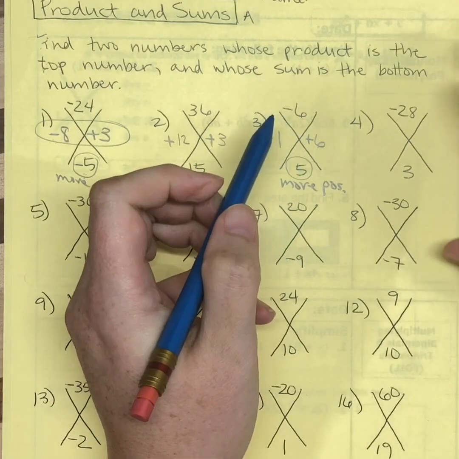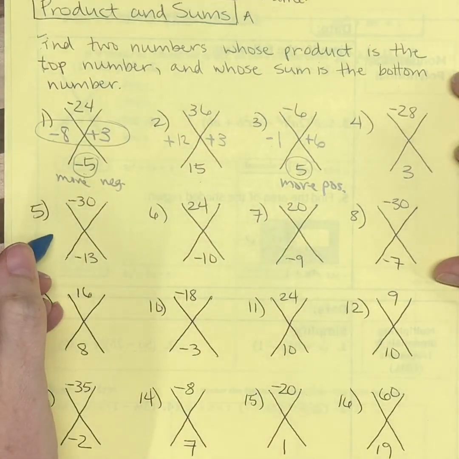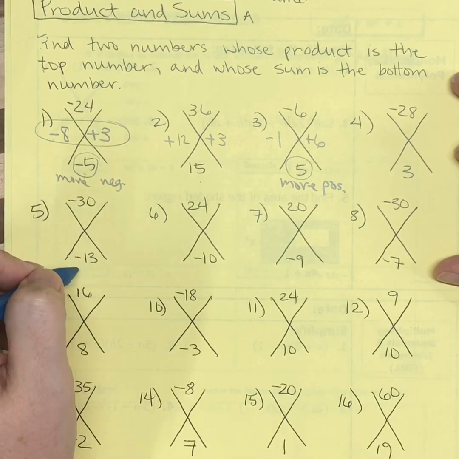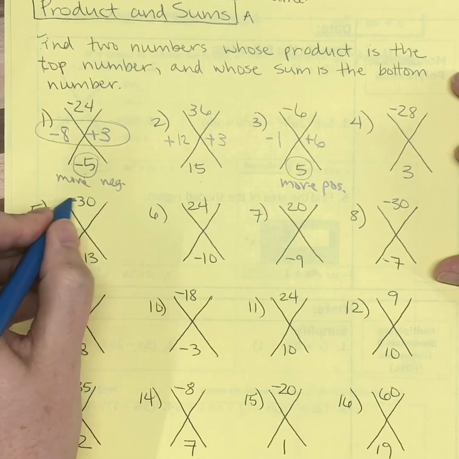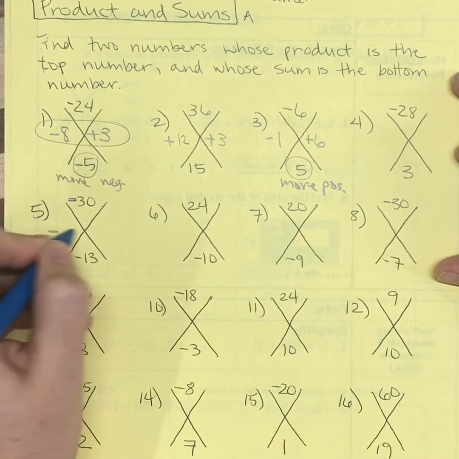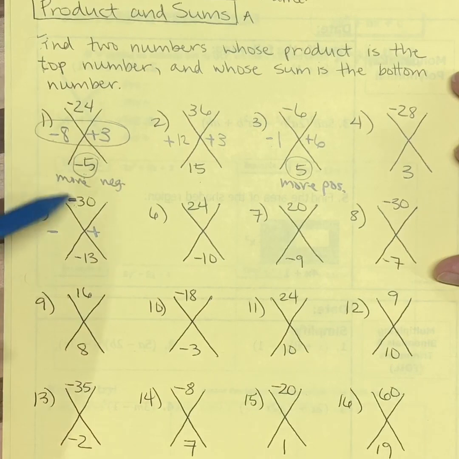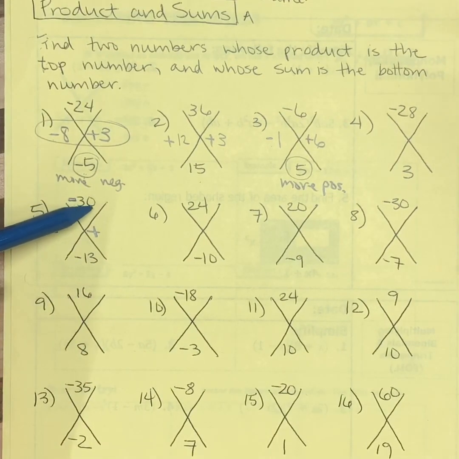Okay. Now, let's look at number 15. Negative 30 is the product, and negative 13 is the sum. Well, we know for a product, we start with a negative times a positive. Now, a lot of you might jump to think, oh, 3 times 10, and that equals 13.